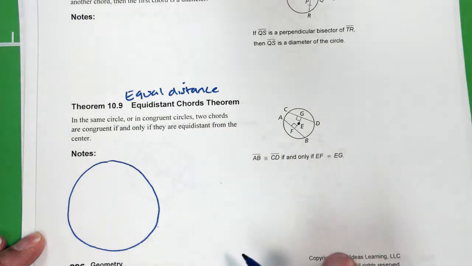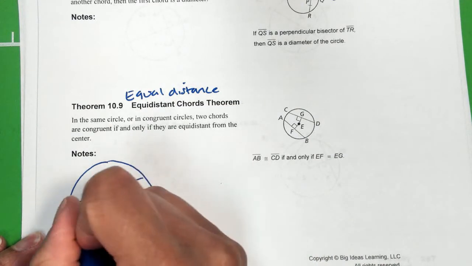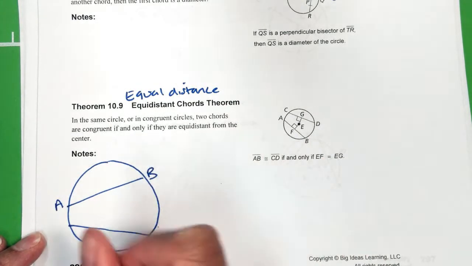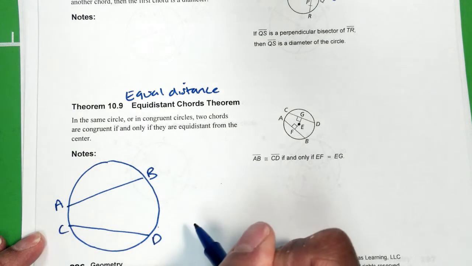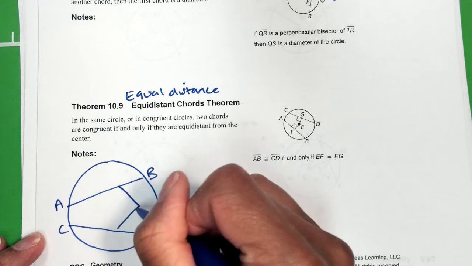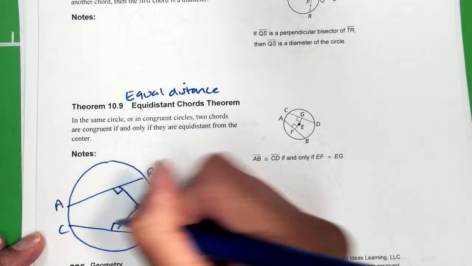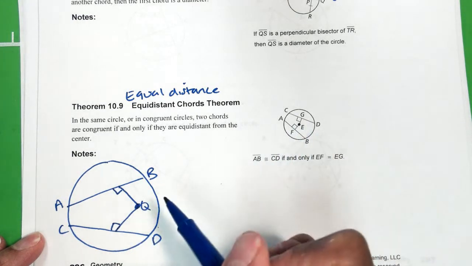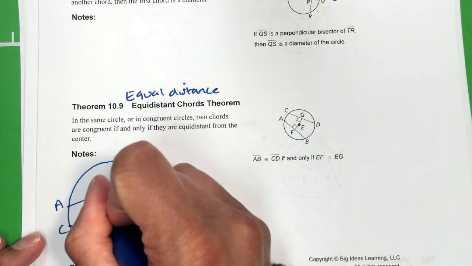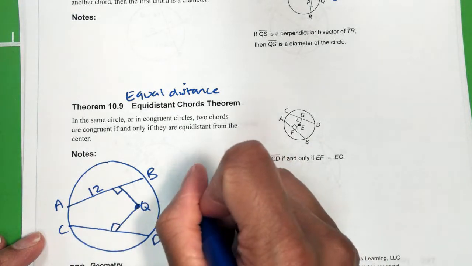if I had a circle, not drawn to scale, and I had two chords. I have chord AB and I have chord CD. And then here I have Q, and these two are congruent to each other. I kind of just redo this one a little differently. And let's say this was 12. Alright, so say if I wanted to find CD.